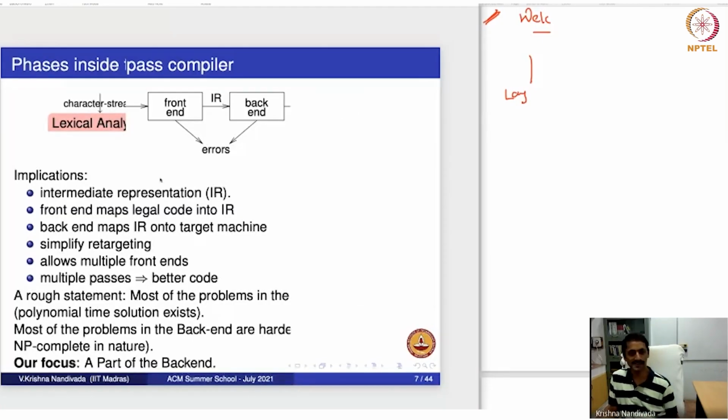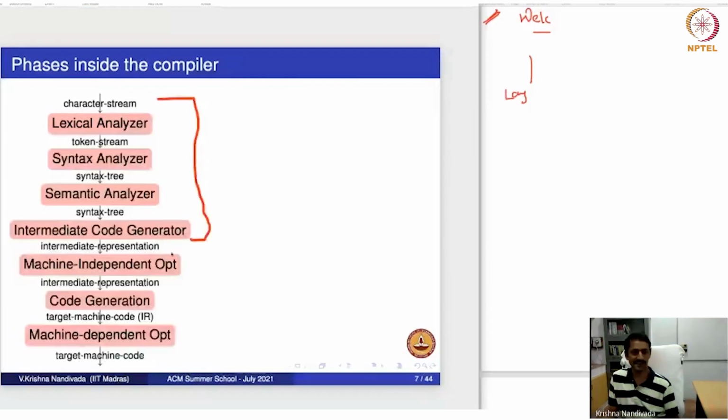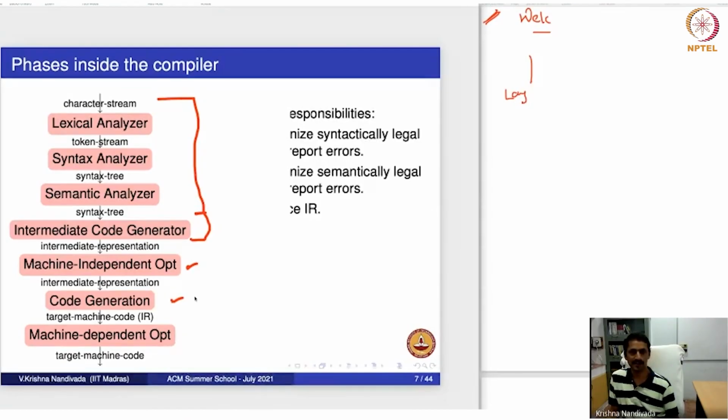If you look at a classical 7-phase compiler, the front end goes all the way till here, which generates the IR, or sometimes people will keep the front end till here. And then you have machine independent optimizations, code generation, machine dependent optimization. The front end recognizes syntactical tokens, finds that the code is syntactically correct.